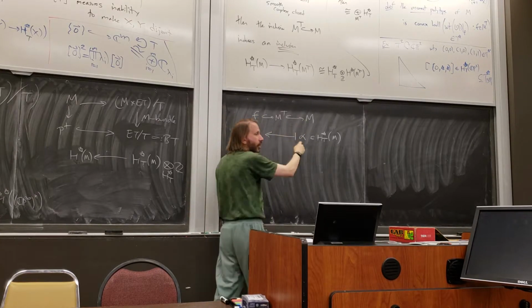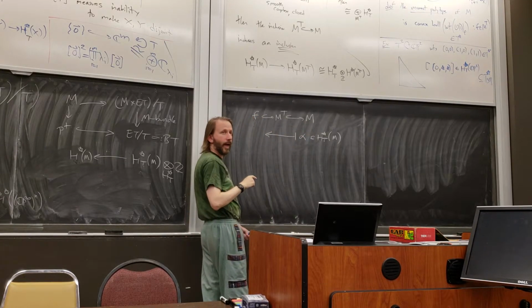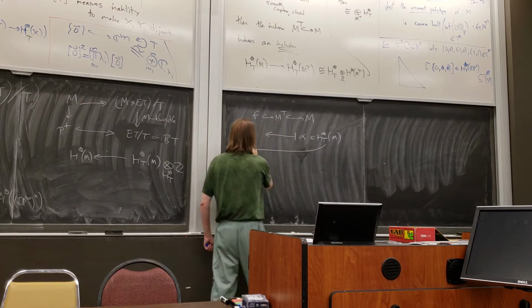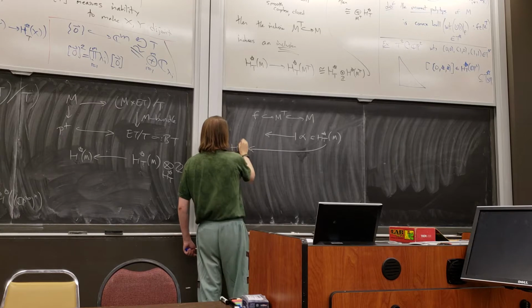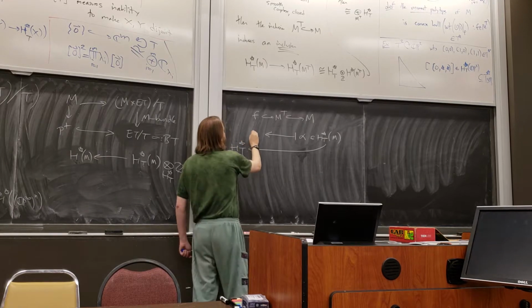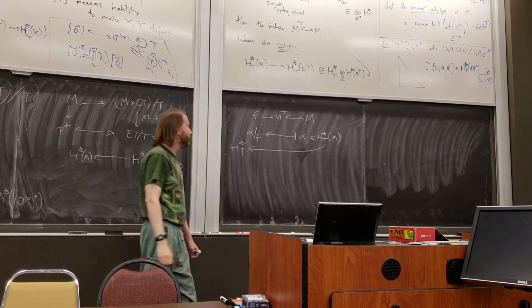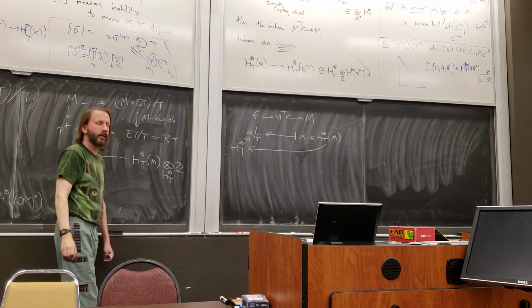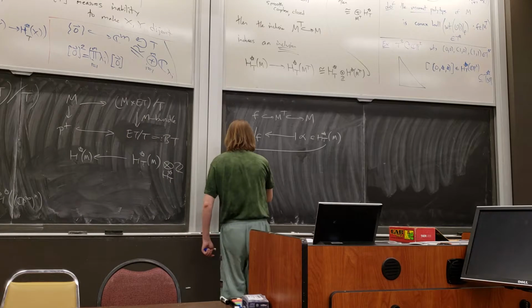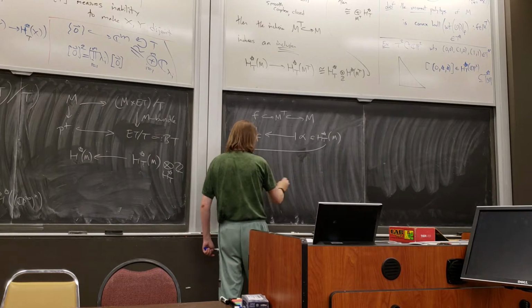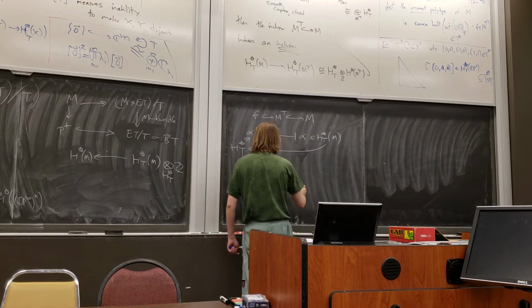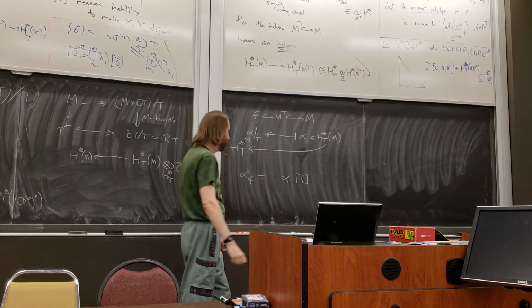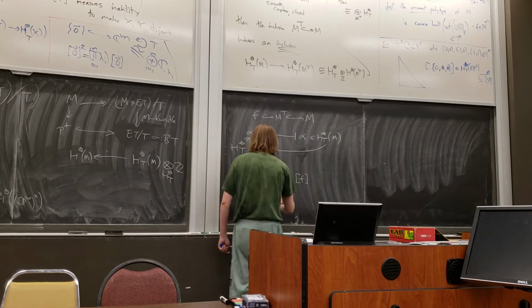This is a T equivariant map, therefore there's a map backwards on T equivariant cohomology, going from cohomology of M to cohomology of a point. Let me denote this as alpha restricted to the point F. And one way to get a hold of this alpha restricted to the point F is to take alpha, multiply it by the class of the point F, and then integrate it over the manifold.